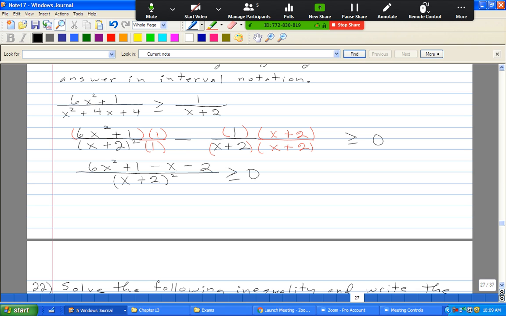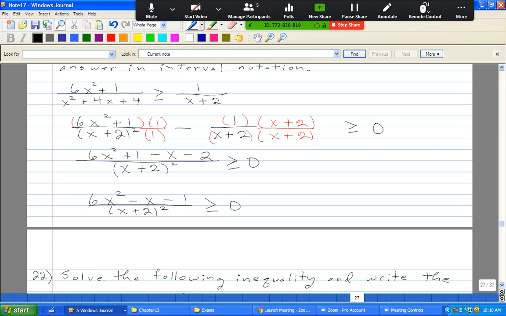And so this is just 6x squared minus x minus 3, minus 1 over x plus 2 quantity squared. And that has to be greater than or equal to 0.